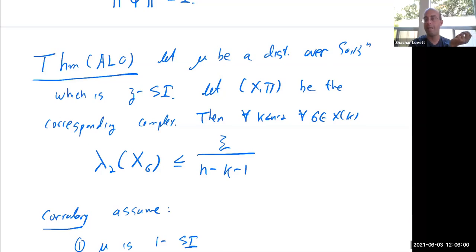It's maybe less natural when you think about these complexes, but it is more natural when you think about it as sampling. And this was just something people could analyze. ALO analyzed it by hand for some examples, and then other people analyzed it for other examples, other dynamics and so on. Just something that turned out to be natural to analyze and useful.